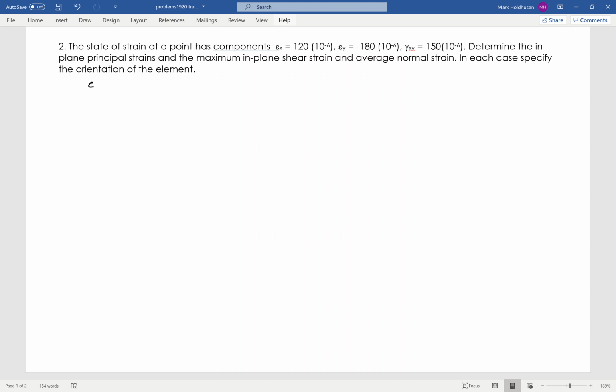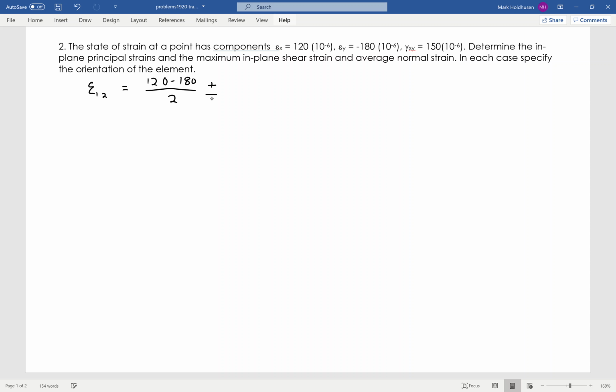Now, again, equations aren't too tough. For our principal strains, 1 and 2, we just plug into the equation. I'm going to drop the times 10 to the 6, and add them later. All of these are 120 times 10 to the negative 6, negative 180 times 10 to the negative 6, and so on. I'm going to drop them just to make the equations a little easier to write down, but then I'll add them back in at the end.